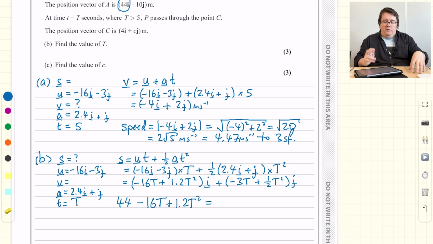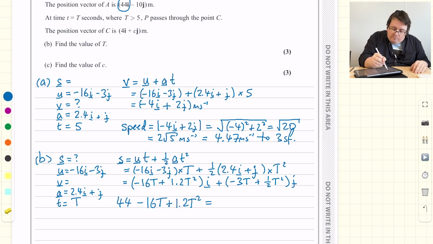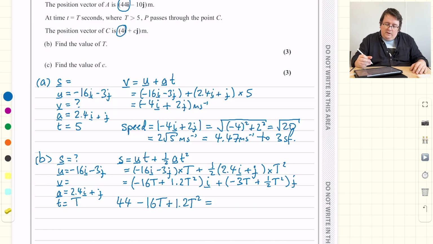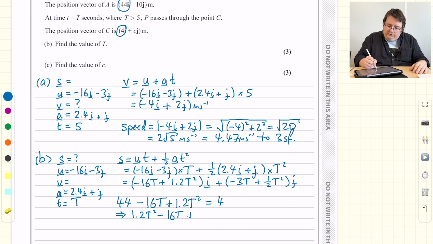So the horizontal component plus the horizontal component of the displacement must be equal to the horizontal component of C, which is 4. So 1.2 T squared take away 16T, take away 4 from both sides, gives us a quadratic in capital T.